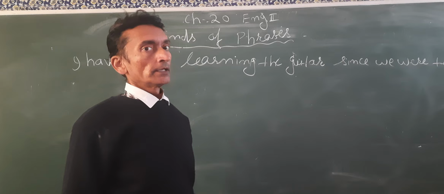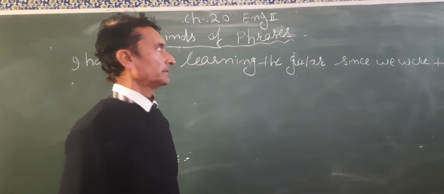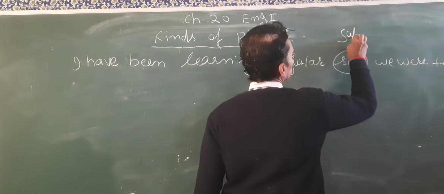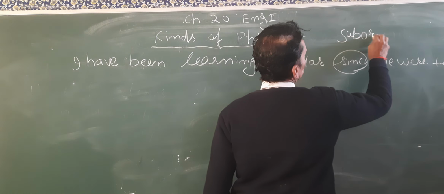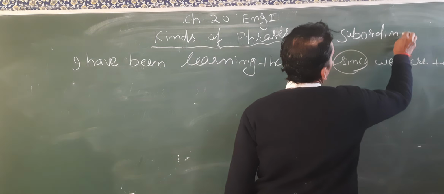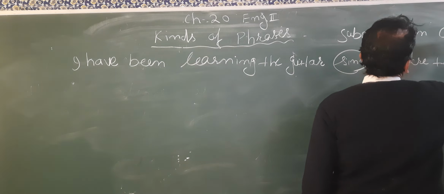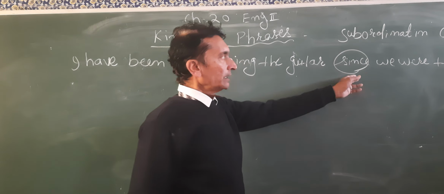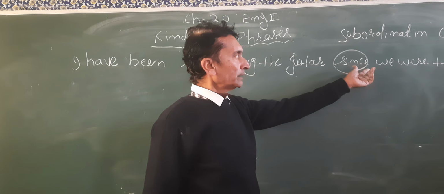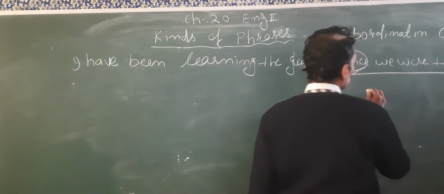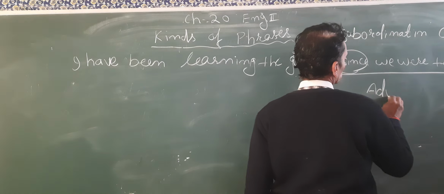Which one is it? Since. Yes, your answer is correct. Since is the subordinating conjunction, so our adverb clause begins from here. Since we obtained, this is the adverb clause.